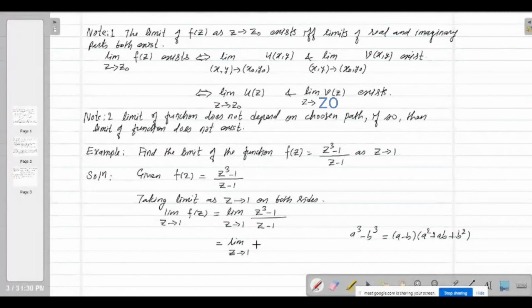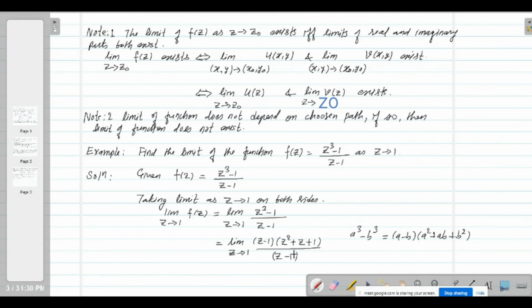So this is z minus 1 into z squared plus ab, where a is z and b is 1, that is z, and plus b squared, 1 squared is 1, divided by z minus 1.